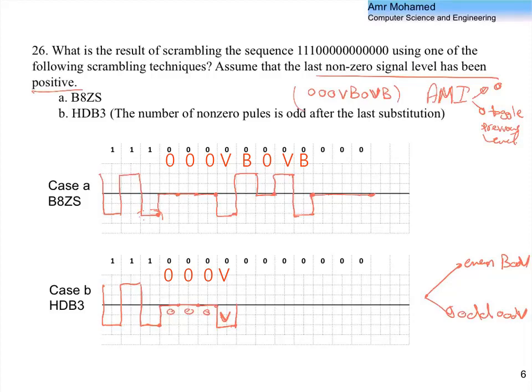Then we have another 4 consecutive zeros, and the number of ones in the middle, remember, is 0, which is even. So in that case we go bipolar, and then 0, 0, and then violation, and that's it. Then we continue 0, 0, 0, because the number of zeros here is not 4. So this is B, 0, 0, violation.